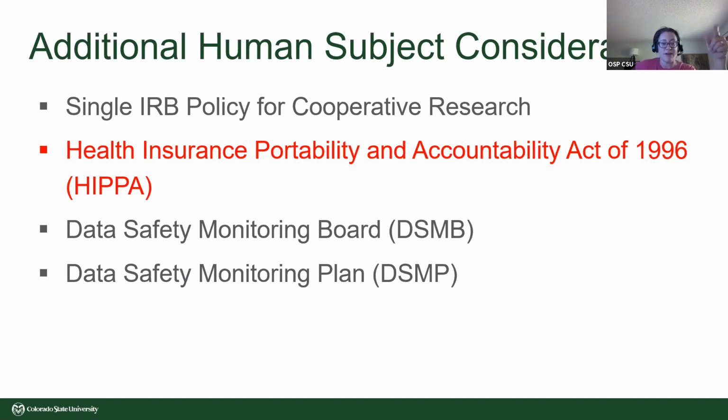So the plan is written by the PI, approved by the IRB, and the board is that outside advocate group that, once the study is being conducted, will step in and provide some of that monitoring. Okay.